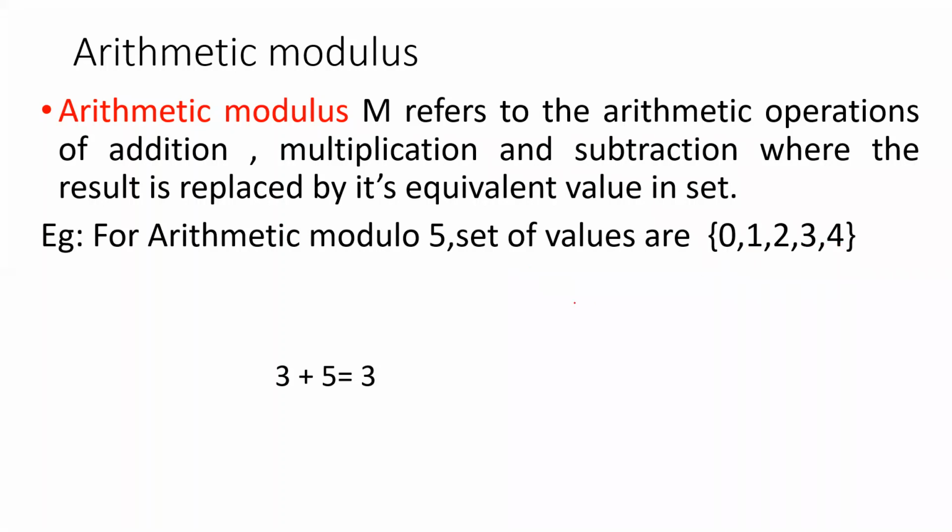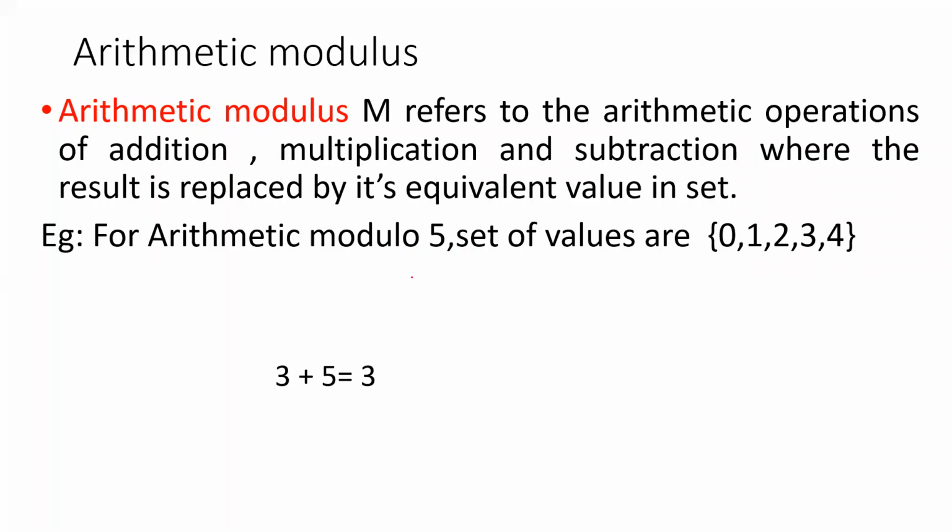You can find arithmetic modulus for any number. Suppose I am going to find the arithmetic modulus of 6. I have to define the set of values which are possible for arithmetic modulus of 6. Understood? So what are the possible values? Starting from 0, for 6 it will be 0, 1, 2, 3, 4, 5. For 5, I'll be going only up to 4.